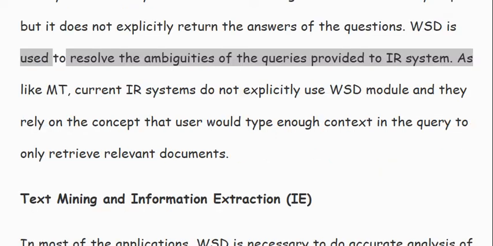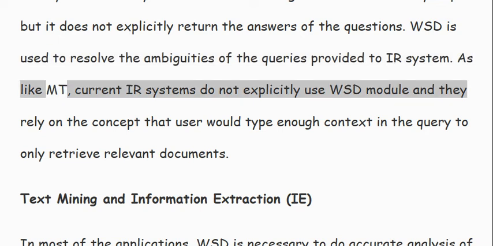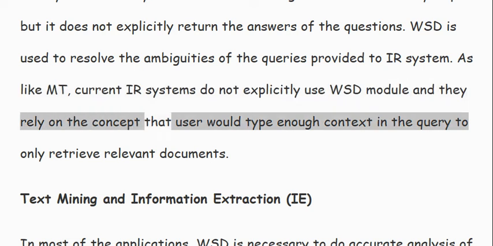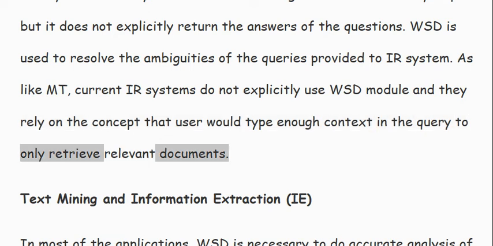WSD is used to resolve the ambiguities of the queries provided to an IR system. Like MT, current IR systems do not explicitly use a WSD module and they rely on the concept that the user would type enough context in the query to only retrieve relevant documents.